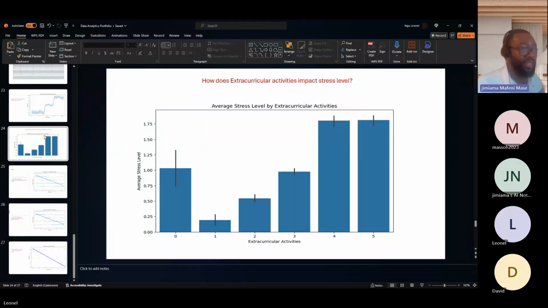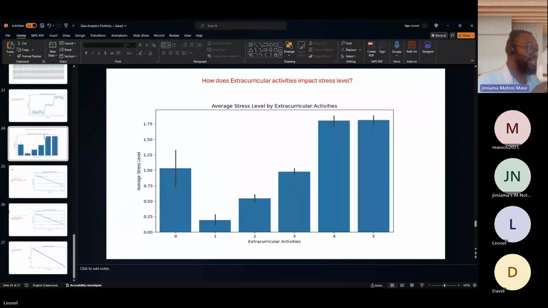So write this down. You have two hypotheses to test. The first hypothesis will be the average stress level between 0 and 3, to find if 0 and 3 are statistically the same, right?